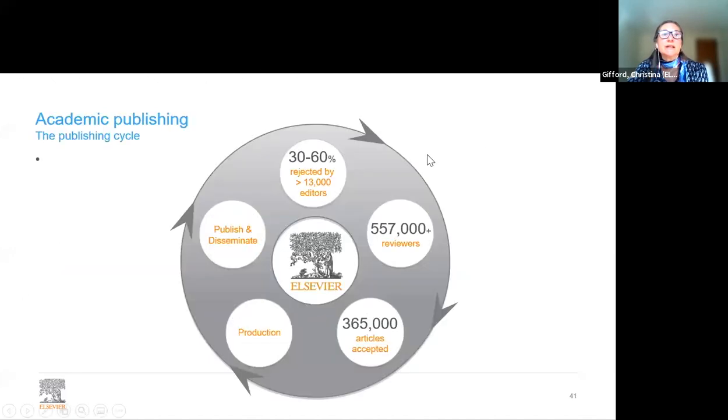So you can see that it's a fairly robust ecosystem of articles and submissions.